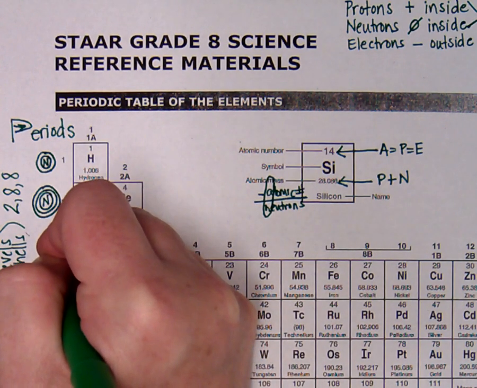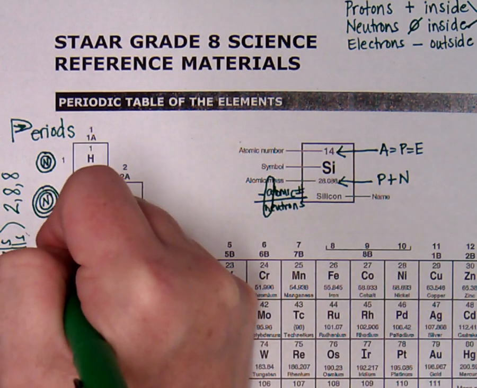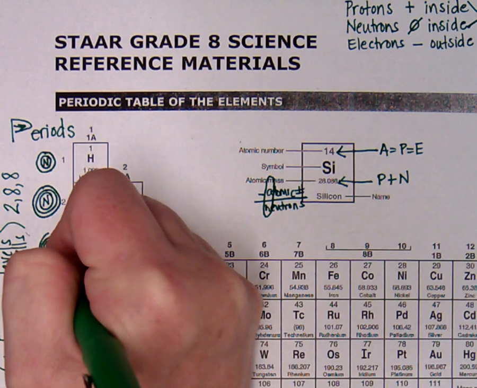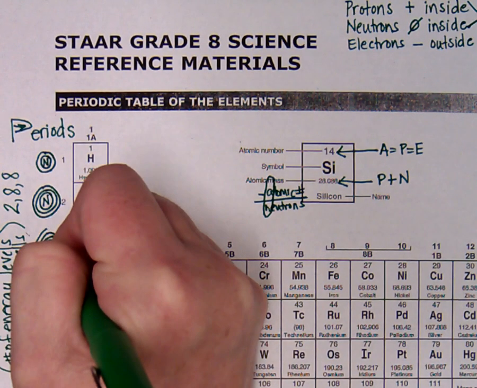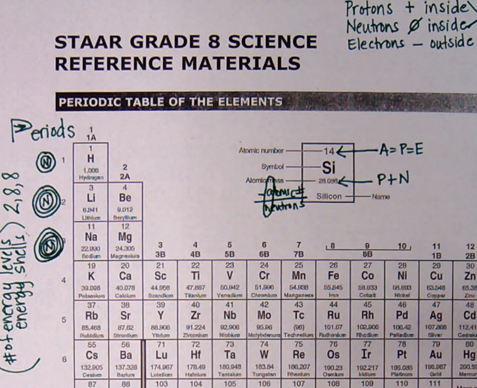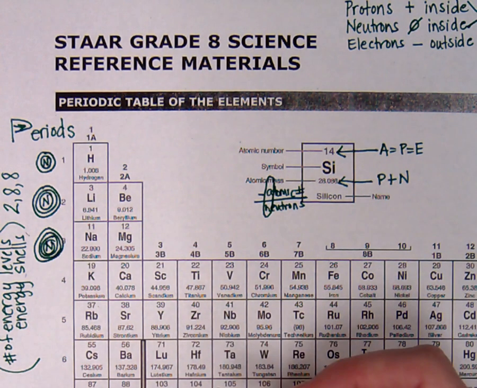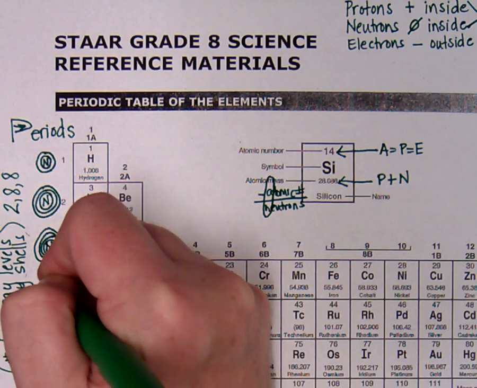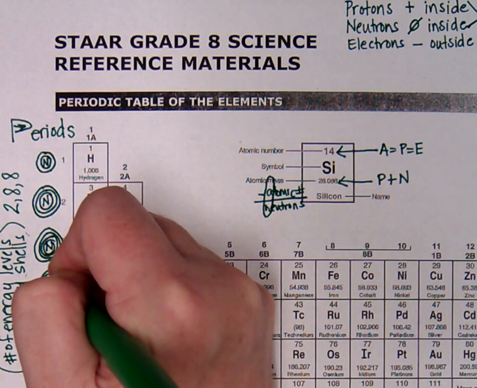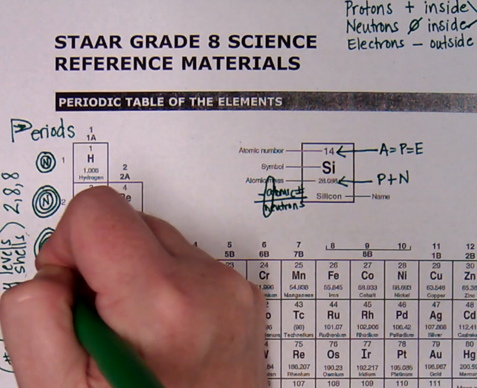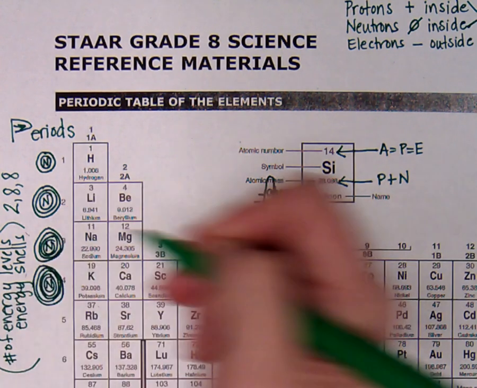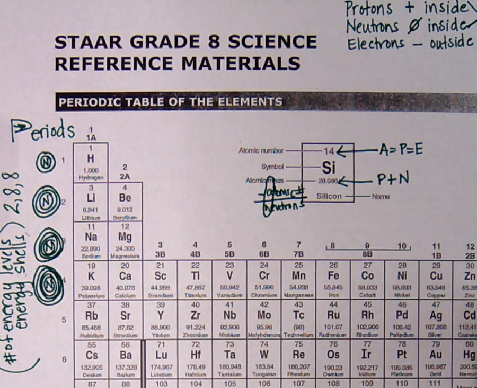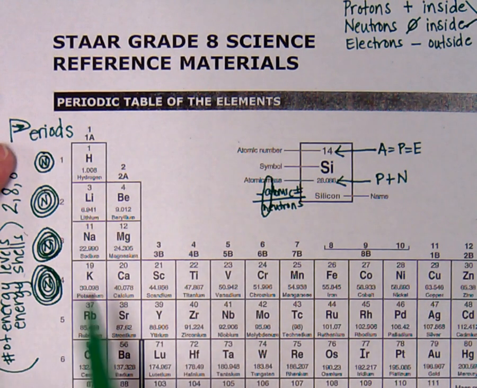Period 3, 1, 2, 3 energy levels. 4, 1, 2, 3, 4. So those are the rows. Periods go across.